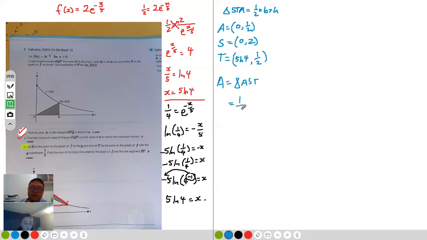So it's going to be half times the base, which is going to be A and S, which is going to be 1.5, times this length here, which is going to be 5 ln 4. Because you're going from 0 to 5 ln 4. And this one you're going from a half to 2. Got it? Which is 1.5.